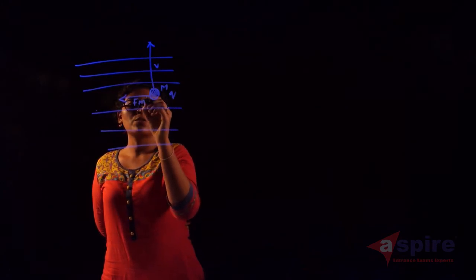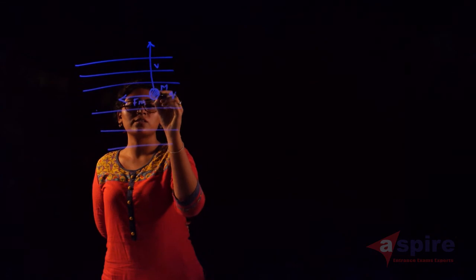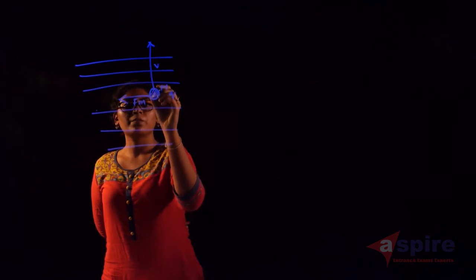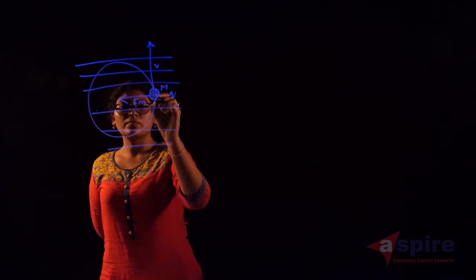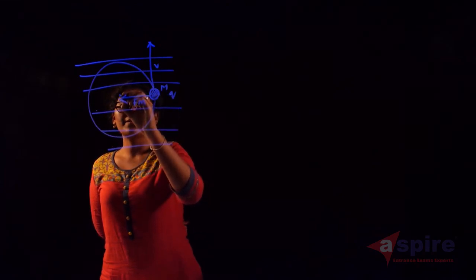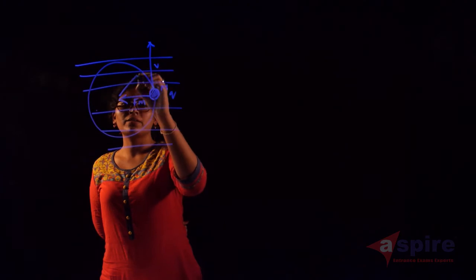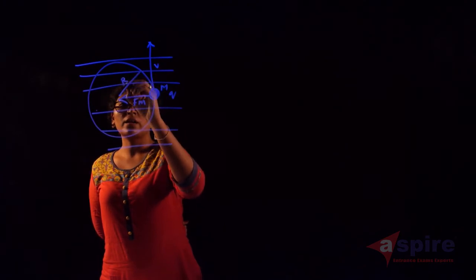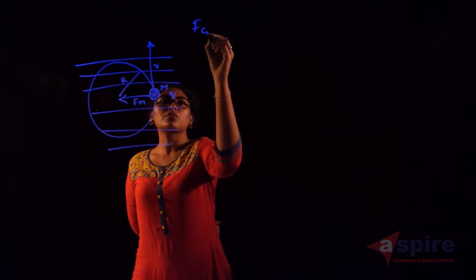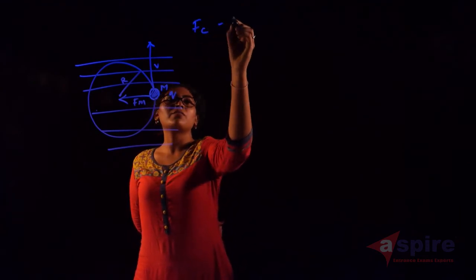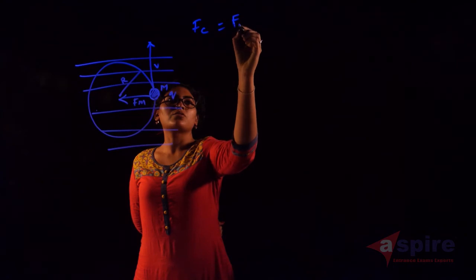If this force acts on the particle, it will take a circular path. Usually when there is a circular path, the radius will be r and the force is said to be centripetal force. And here we have magnetic force.